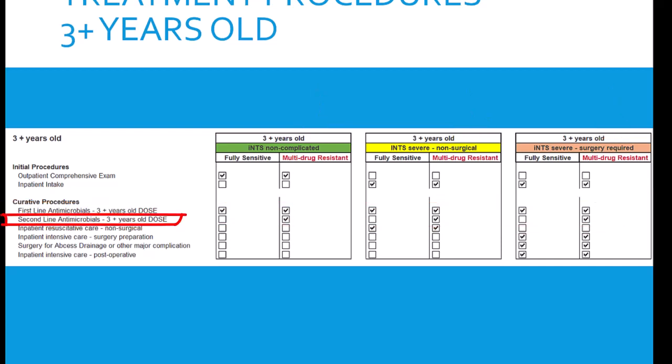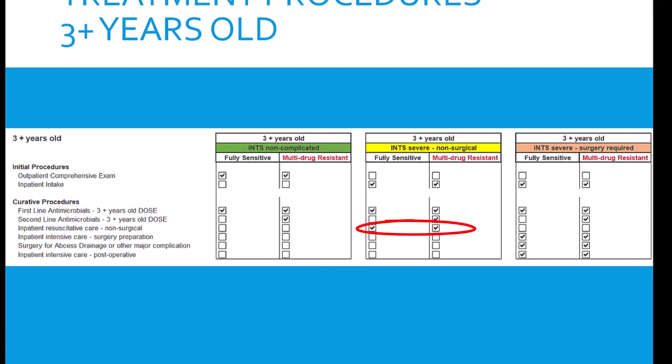For second-line antimicrobials, you'll see that for each of the types of cases that are multi-drug resistant, we have also checked the box for second-line antimicrobials. In the case of inpatient resuscitative care, which is non-surgical, we have limited that procedure to the INTS severe non-surgical cases.